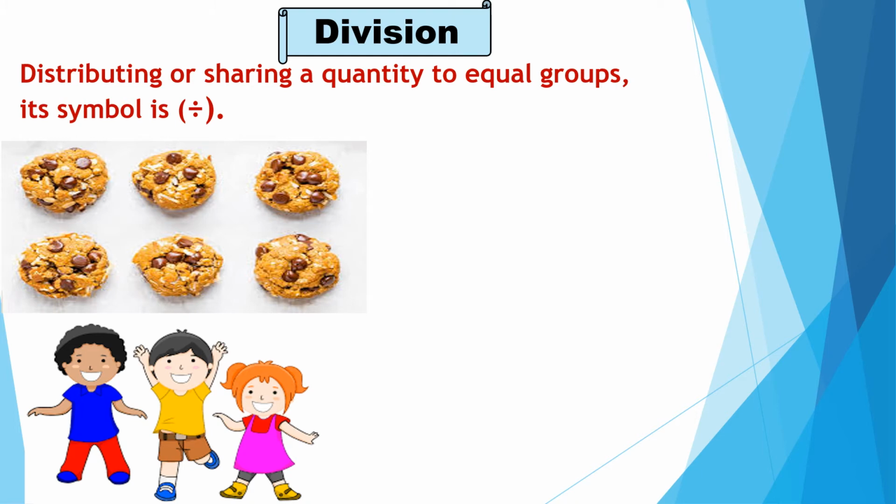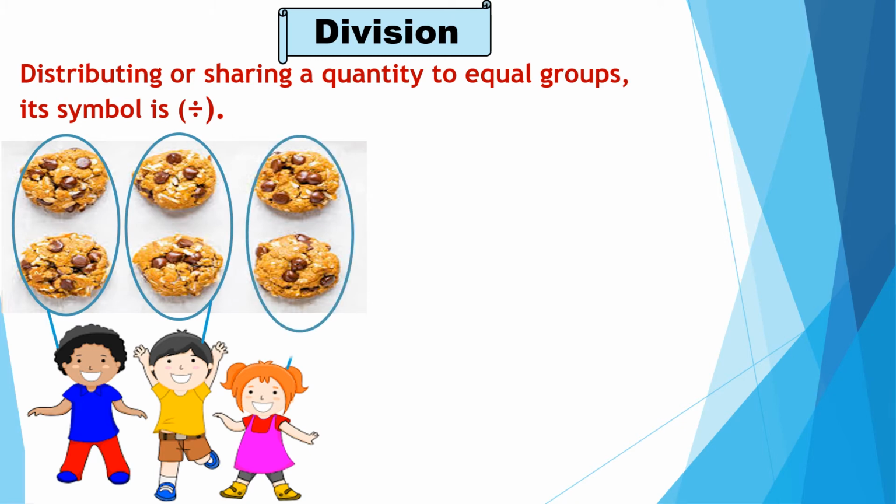No one takes bigger than the other one. So we will distribute them equally. So we will give the first kid what? 2 cookies. And the second kid 2 cookies. And the third kid 2 cookies.